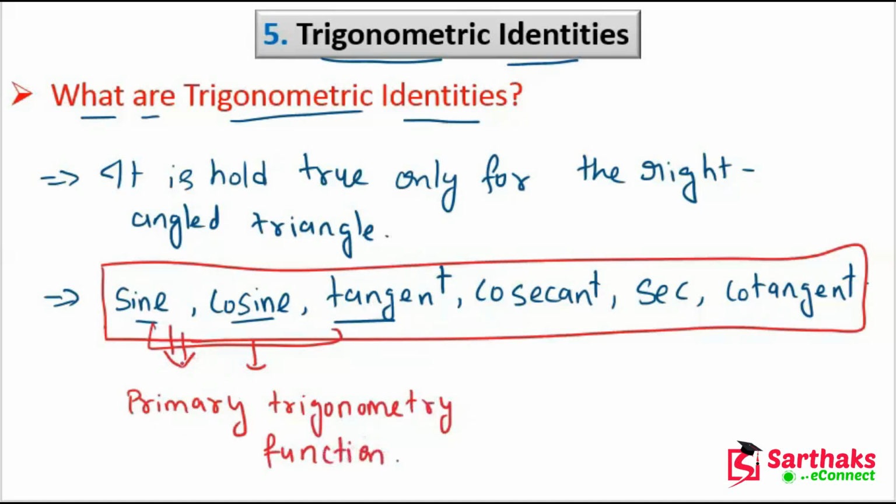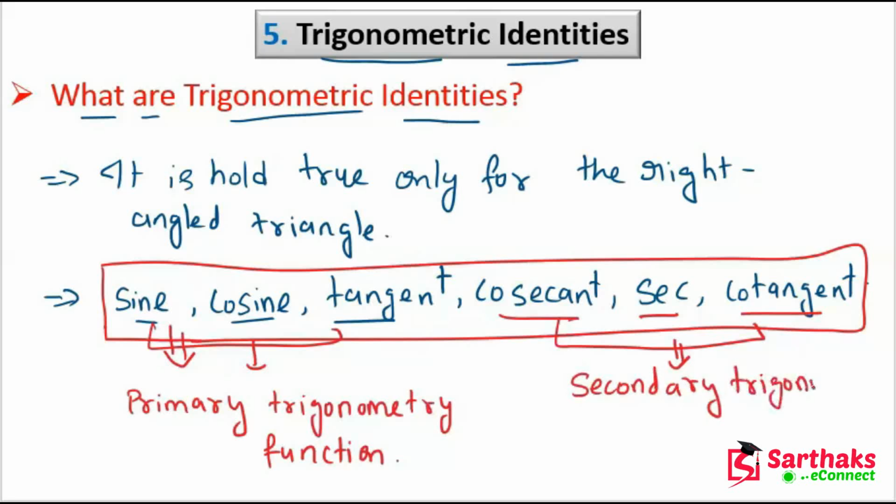And cosecant, sec and cotangent are called secondary trigonometry functions.